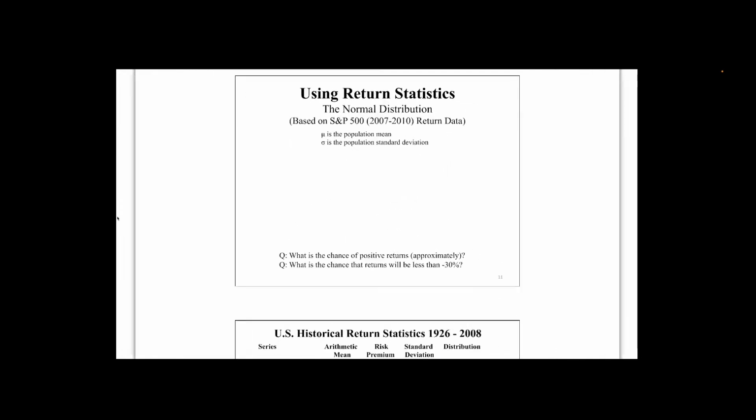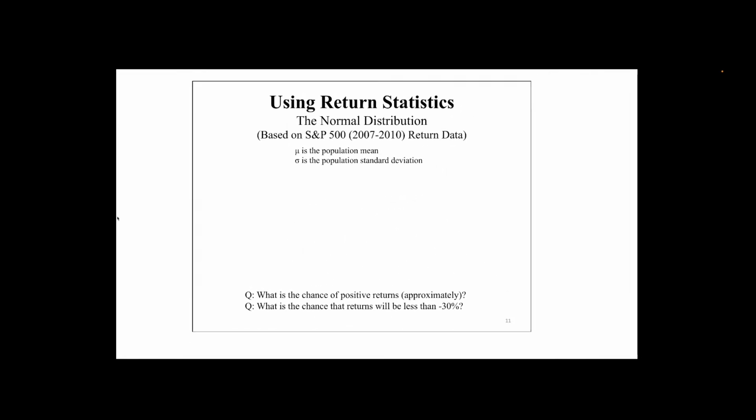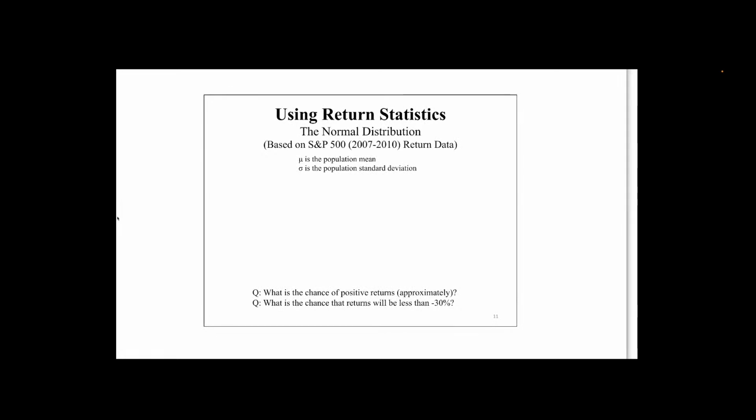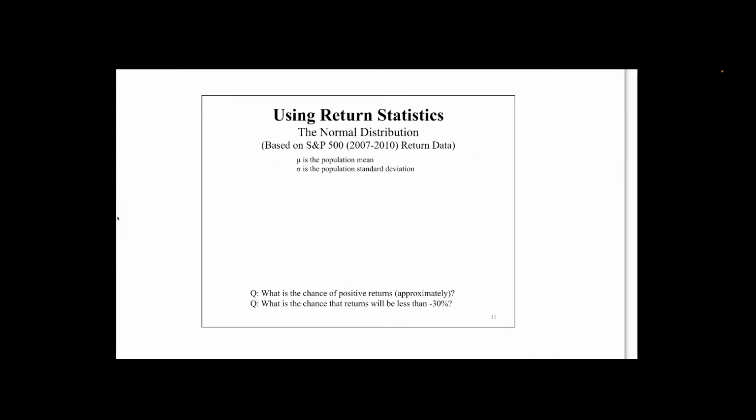Okay, so what I'm going to do next is take that information and put it into a bell curve, right? So what am I doing when I do that? I'm assuming that the shape, well, I actually have all the data, so I could actually make a histogram. And you will find that the histogram will be relatively symmetric.